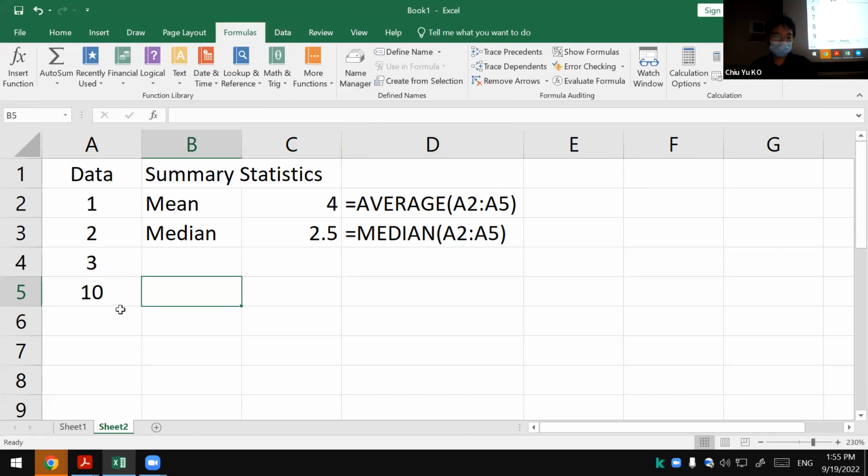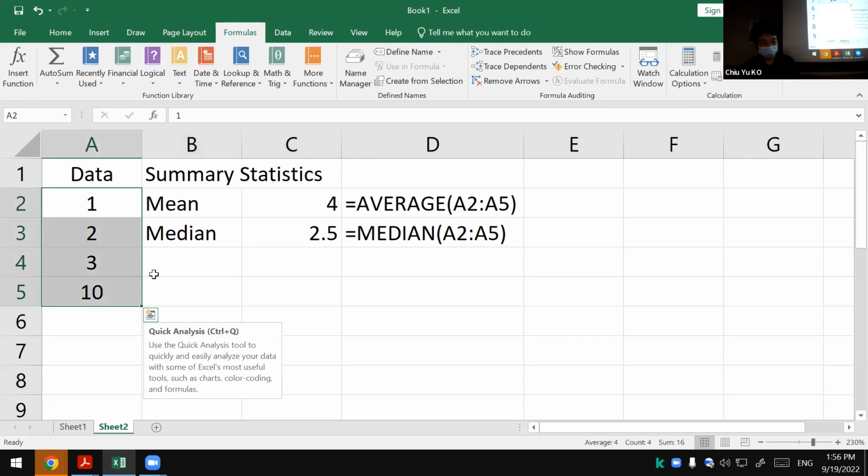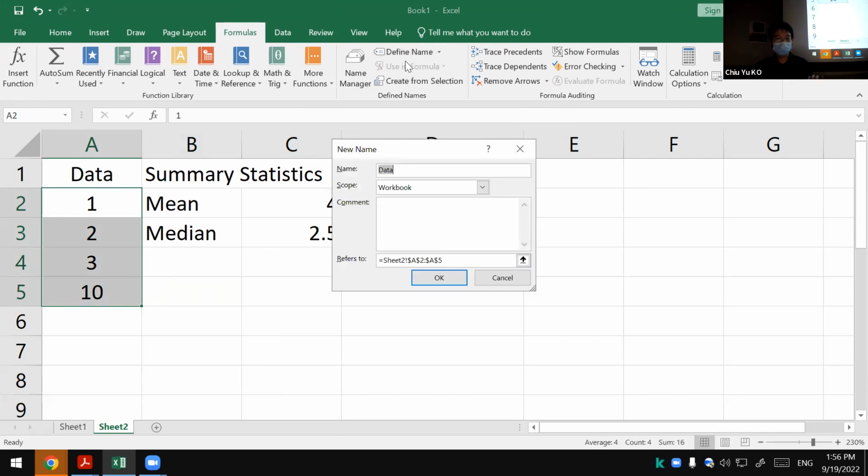I highlight this, and Excel already suggests the name, data. The scope is the whole workbook, or I can choose just the worksheet, but anyway, just the whole thing. Here it says Worksheet 2, A2 to A5. This is called data.